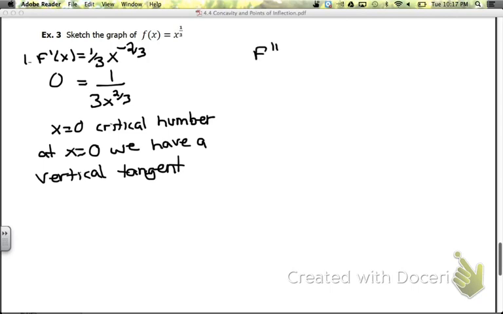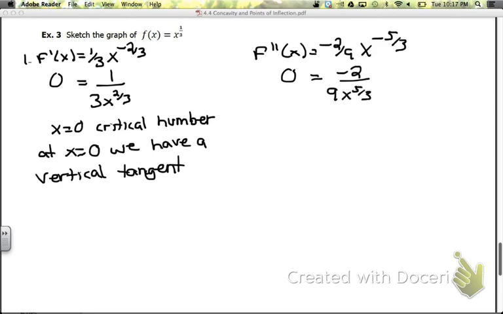Still, we need to look at our second derivative, and what we'll get is negative 2/9 x to the power of negative 5/3. Rearrange, set it equal to 0, so we have negative 2 over 9x to the power of 5/3. We know this doesn't exist.